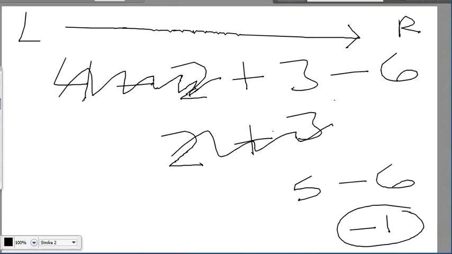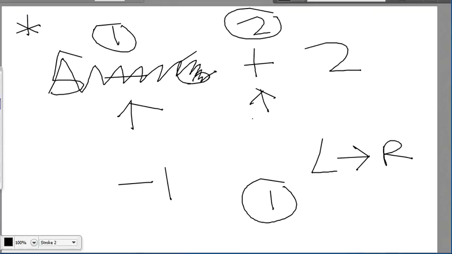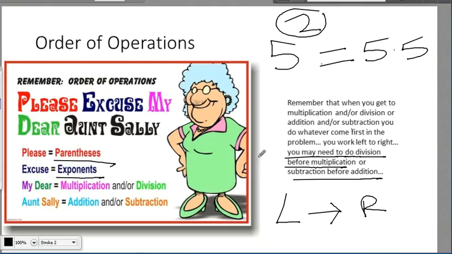Okay, and the same thing works with multiplication and division. Once you get down to just multiplication or division, you do whatever comes first in the problem. Sometimes you do division first, and sometimes you do multiplication first. Okay, so here's the order of operations.